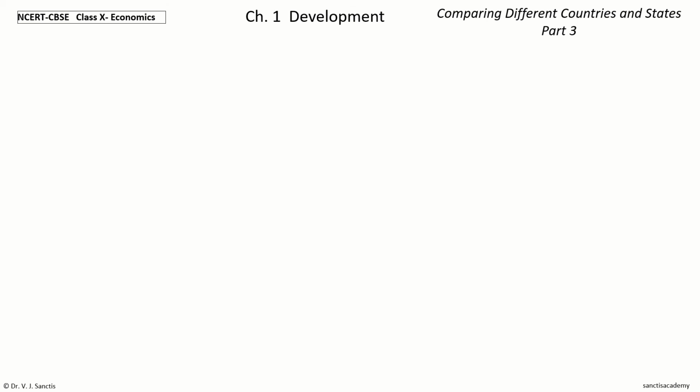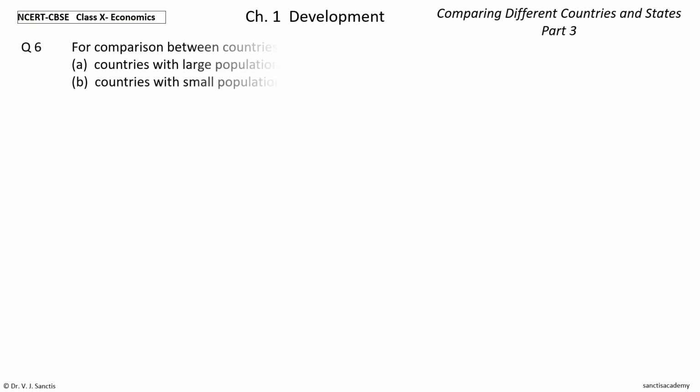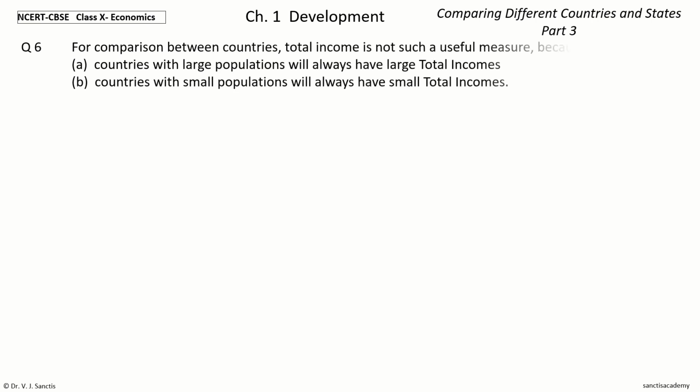Next question, number 6. For comparison between countries, total income is not such a useful measure because A. Countries with large populations will always have large total incomes. B. Countries with small populations will always have small total incomes.